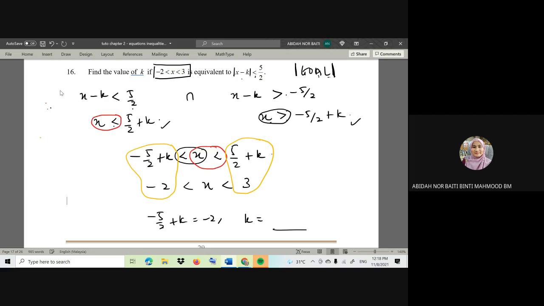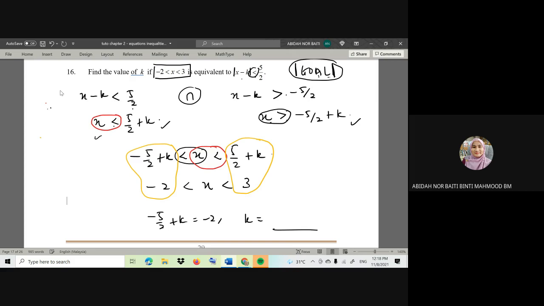Therefore your k equals to what? Okay, kira sendiri. Negative 2 plus 5 over 2. Nak compare yang belah kanan pun sama. Sama je lah. Value of k dia ya. So sebenarnya untuk soalan ni kita nampaklah ni modulus. So kalau modulus guna goal ya. Goal ni less so n.